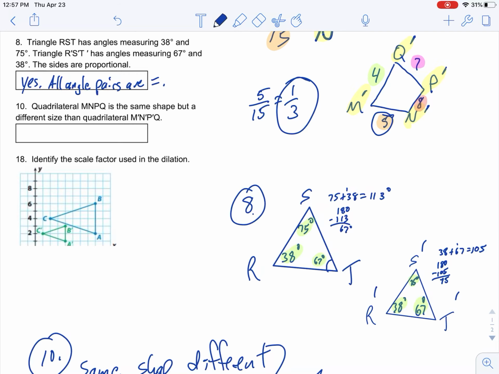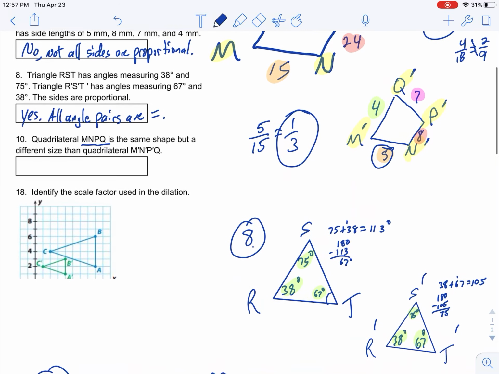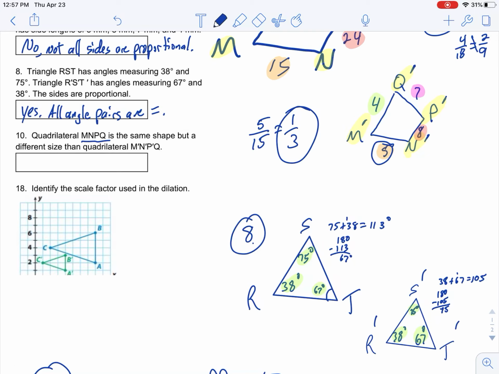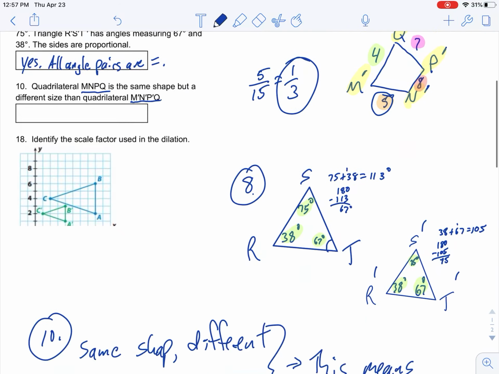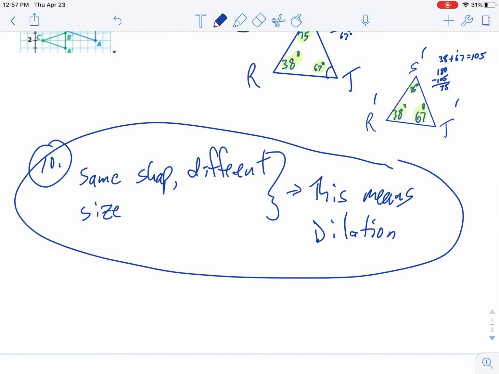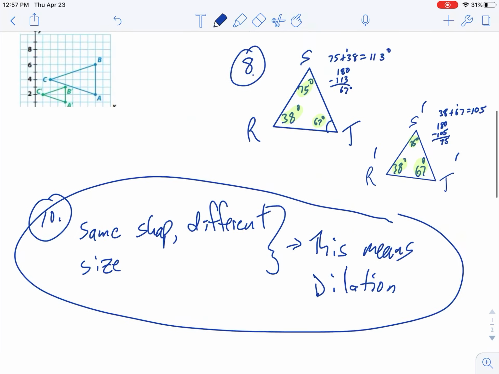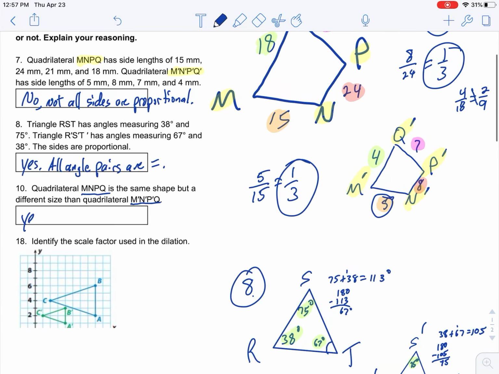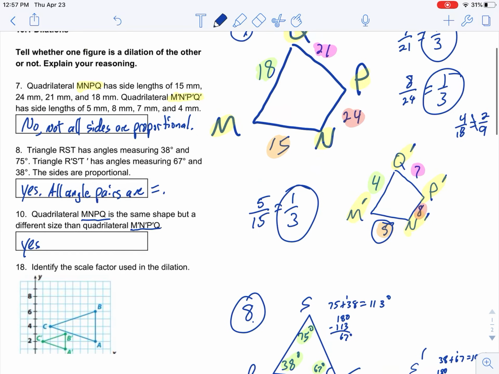Number 10. We've got a quadrilateral named MNPQ. It's the same shape but different size as M prime, N prime, P prime, Q prime. That's basically the definition of dilation. Same shape, different size. This is a yes, and explain your reasoning.